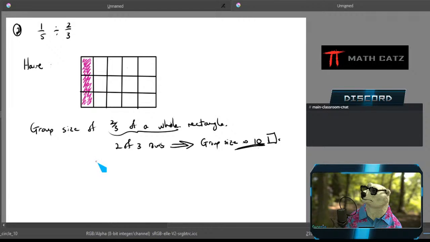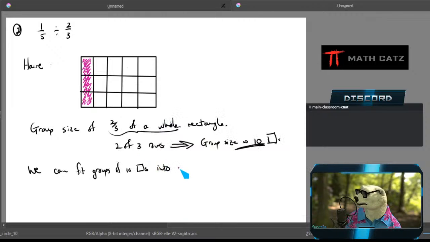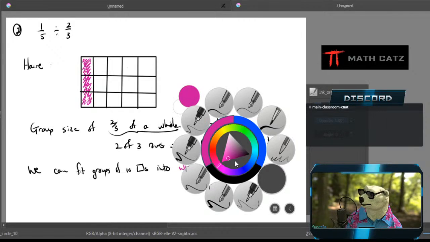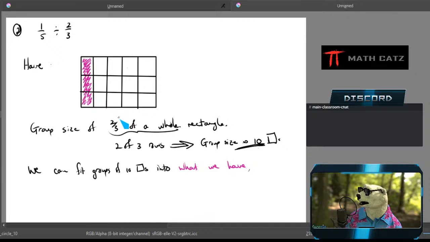All right. Now the instructions tell me to fit a group of 10 as many times as I can into what I have. We can fit groups, let's say, of 10 pieces into, I'll emphasize, what we have 0 times.